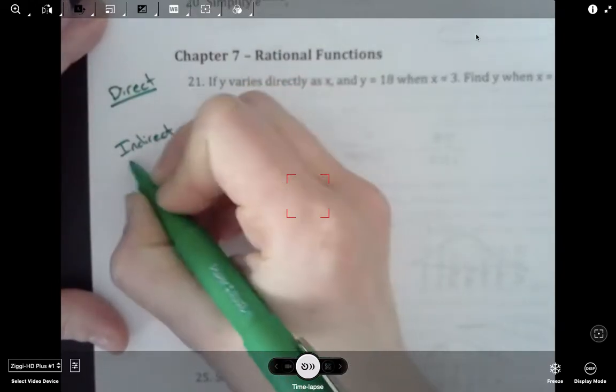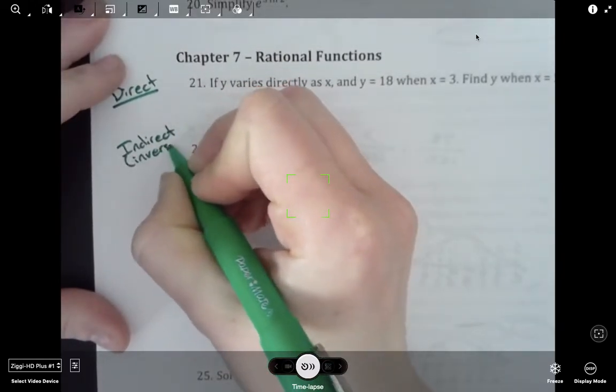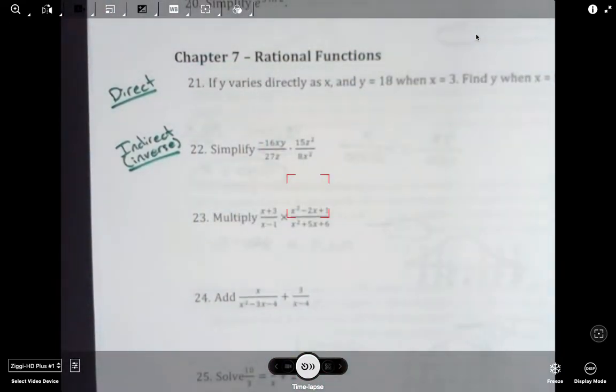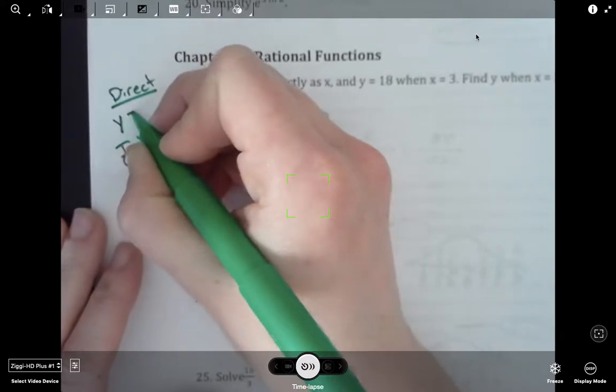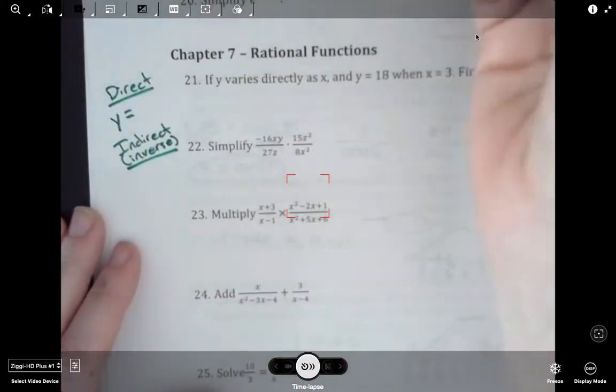I will ask you one or the other of these. I will either ask for direct or indirect. So on the test, it might not be direct, it might be indirect instead. What does a direct variation look like? Y is K times x.